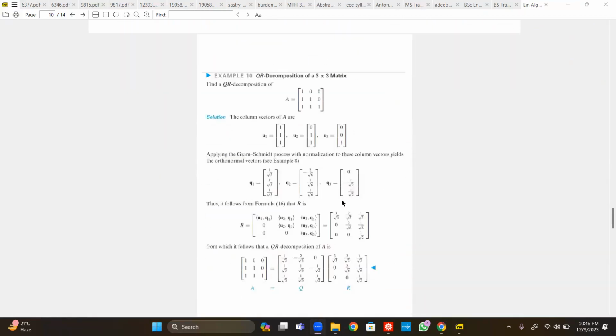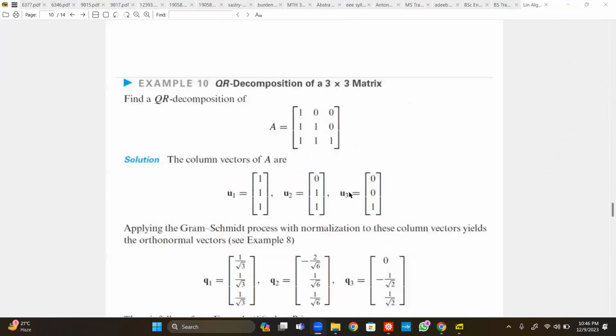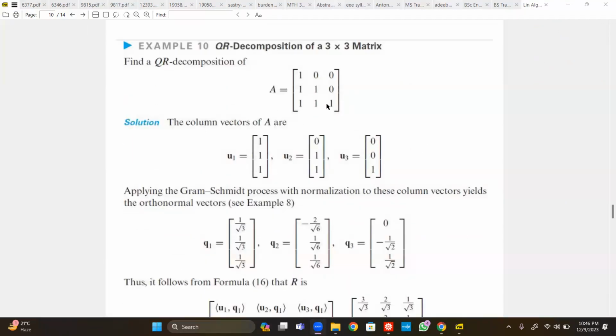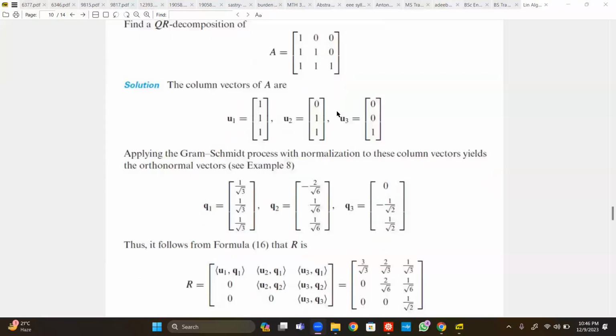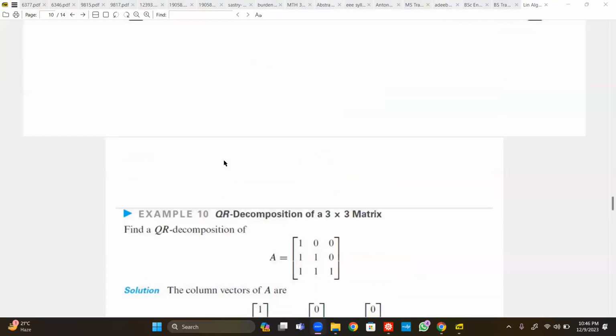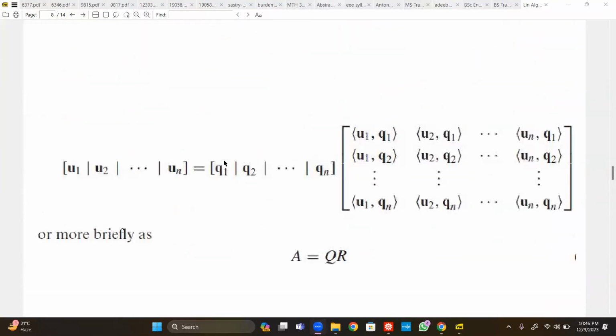Okay. Now, here is an example. Those same vectors we used earlier to carry on the Gram-Schmidt process. Now, the process of QR decomposition is straightforward, right?